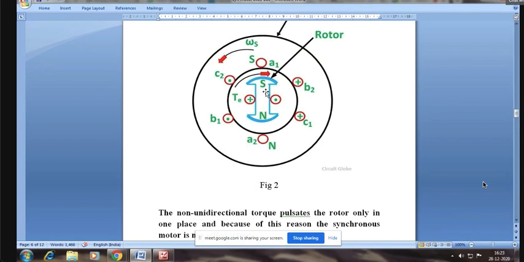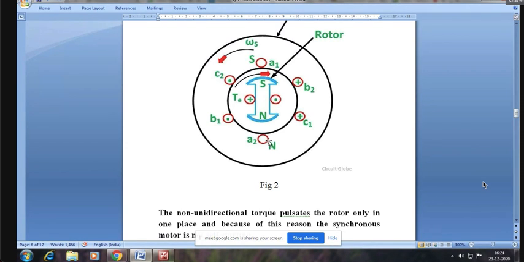They remain the same as before, that is as in figure 1, but the stator poles have changed their polarity. Earlier, the top one was north and the bottom one was south, but now it is interchanged. The top one has become south, the bottom one has become north. Are you able to note this difference?